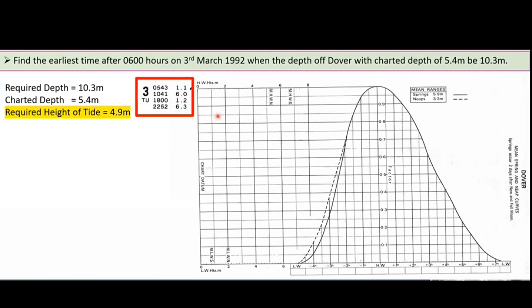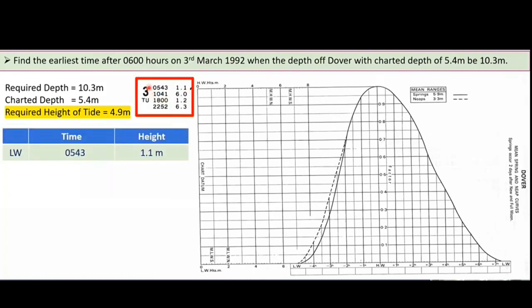So since we want this time after 0600 hours, if you see this daily prediction, obviously the time we are looking at is the time when the required height of tide shall be 4.9 meters between the low water at 543 and high water at 1041. So these two would be the tides of interest. So we have the low water at 543.